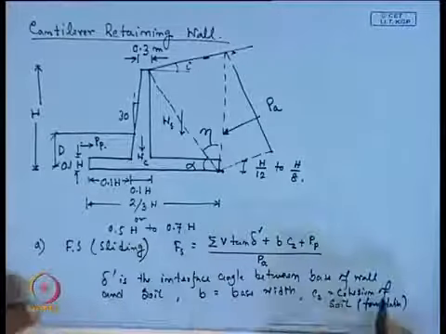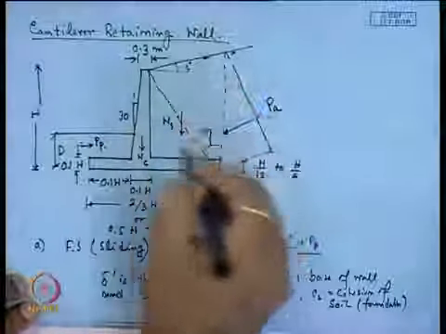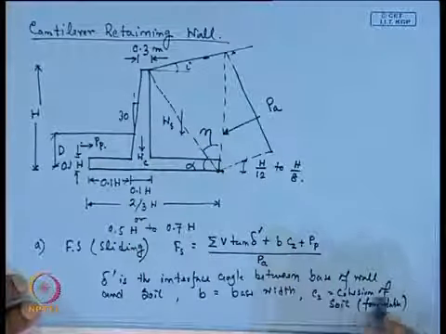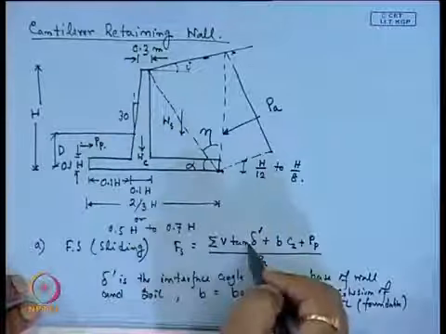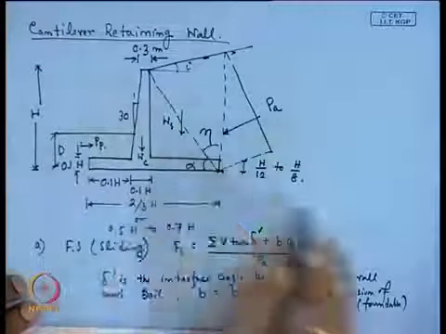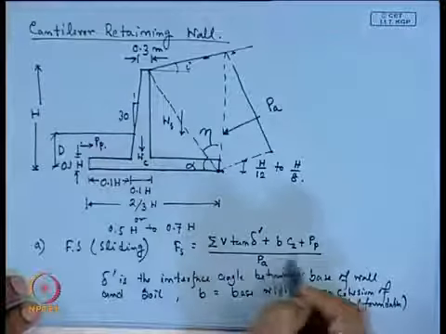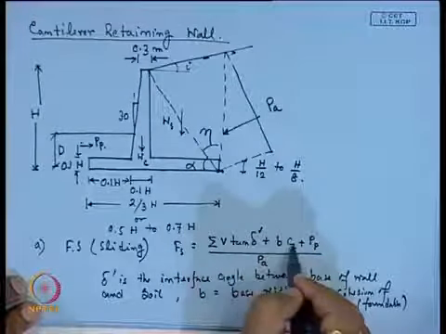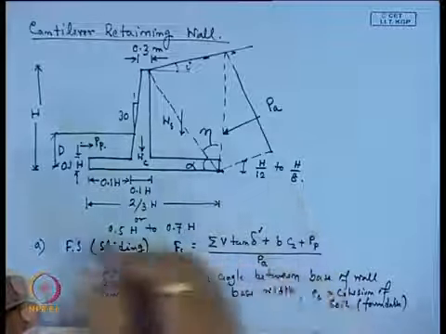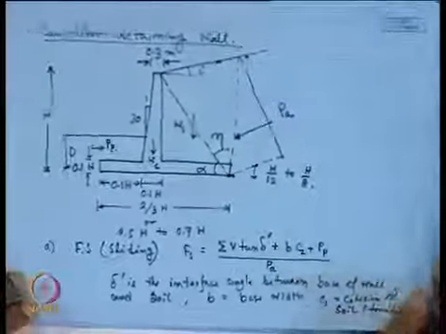There are two types of soil. One is the foundation soil, where the retaining wall is resting, and the other is the backfill soil. So, C 2 is the cohesion of the foundation soil. That means the summation of all the forces into the friction angle, plus B C 2 plus P p, divided by P a. So, this is the sliding check that we can consider for this type of analysis.